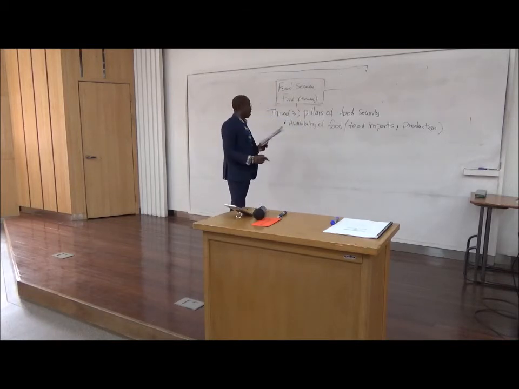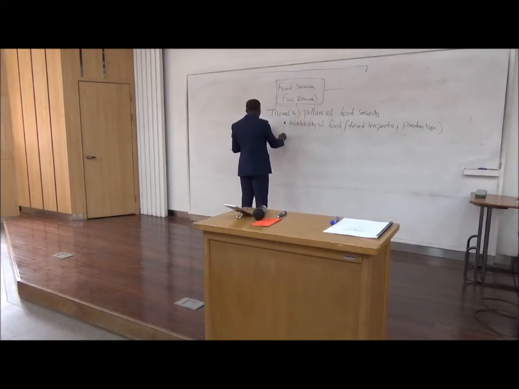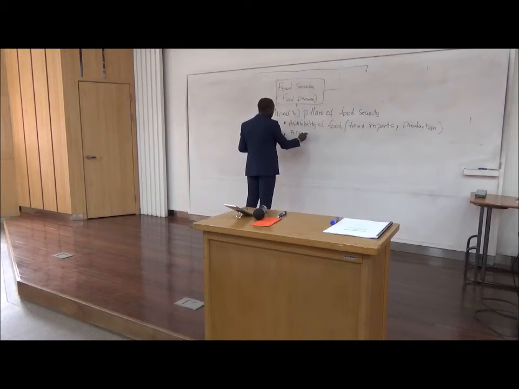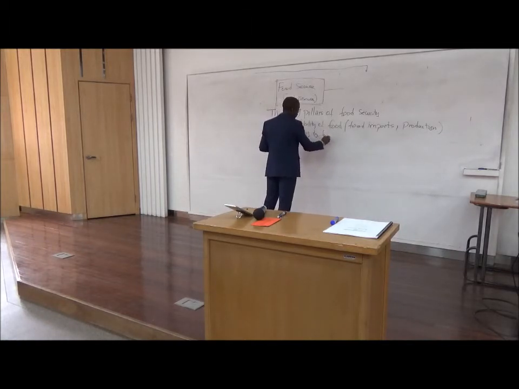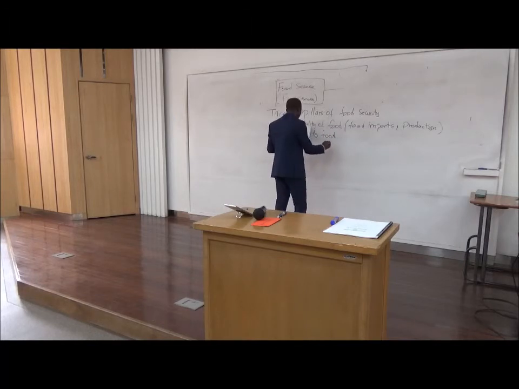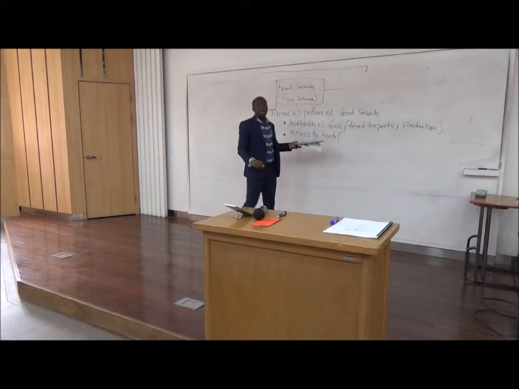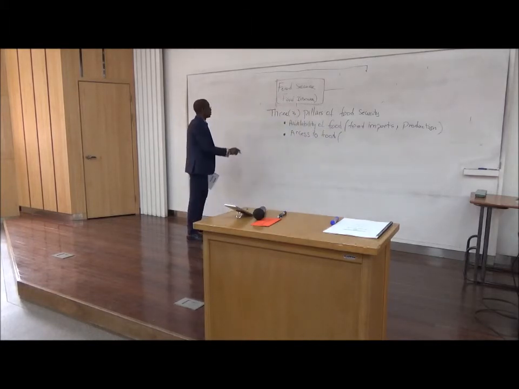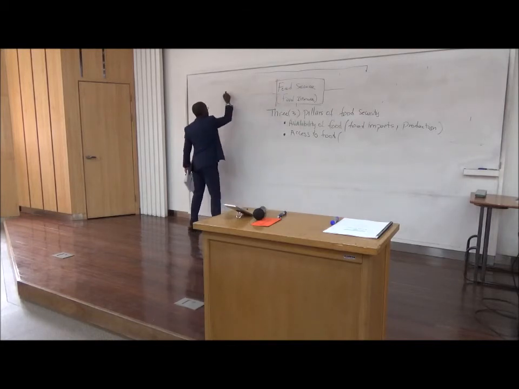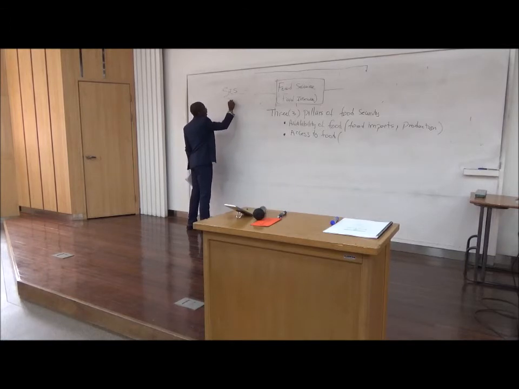All right? So number two, we talk about access. Very important. Access to food. How do I have access to food, guys? Sorry, I'll bring you back to this guy. Socioeconomic status. Right? So we're talking again about money.